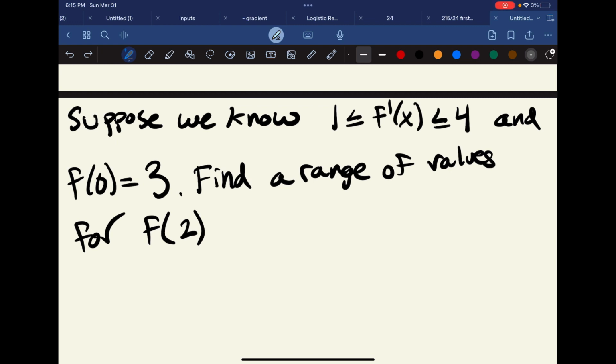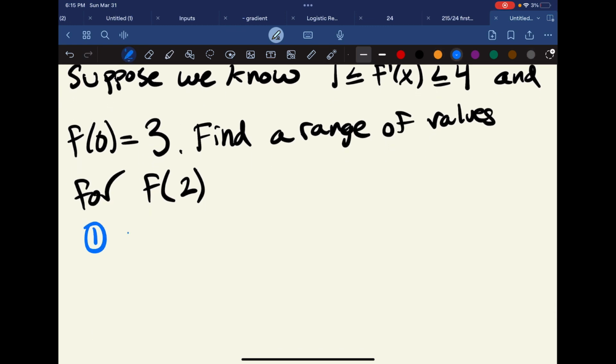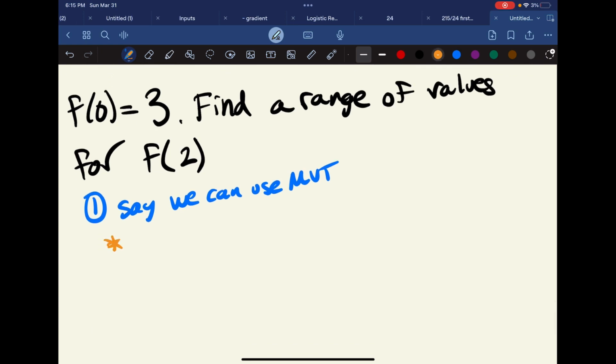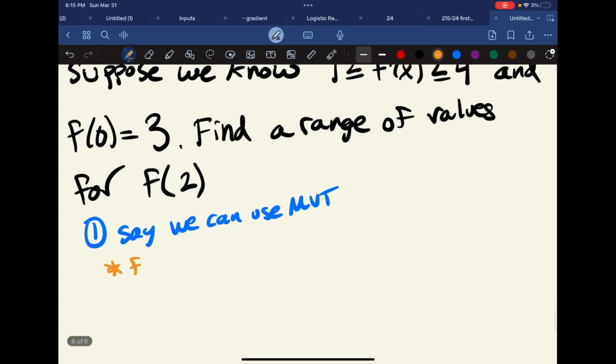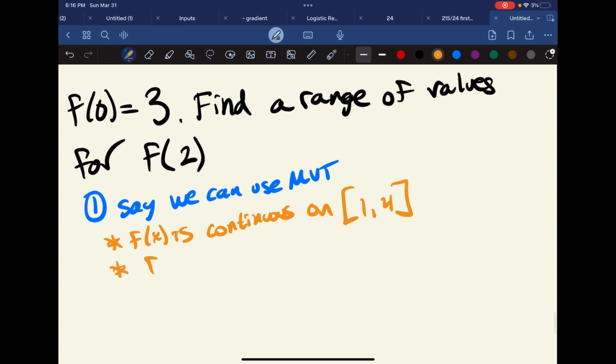So basically, the first step is to say that we can use the mean value theorem. And how do we do that? Well, f of x is continuous on [a, b]. f of x is differentiable on (a, b).